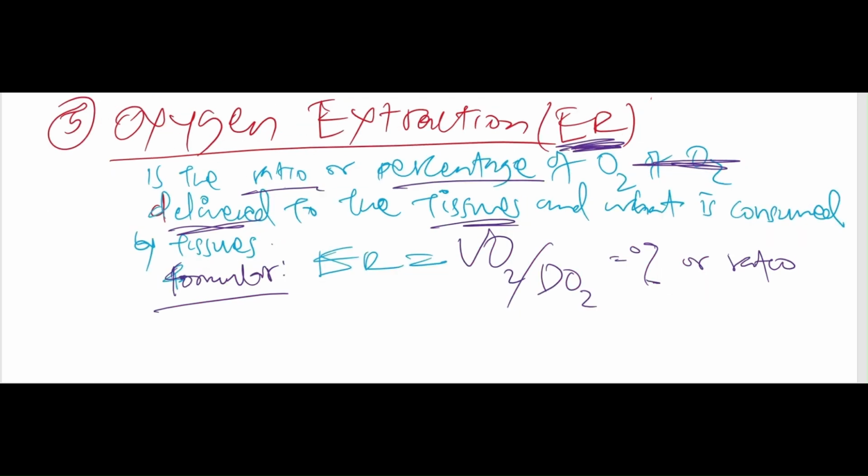The last part here is oxygen extraction, which is abbreviated as ER, which simply refers to the ratio or percentage of oxygen delivered to the tissues that is consumed by the tissues. Simply, ER is VO2 over DO2, where VO2 is oxygen consumption over oxygen delivered, and usually it is presented as a percentage or ratio.